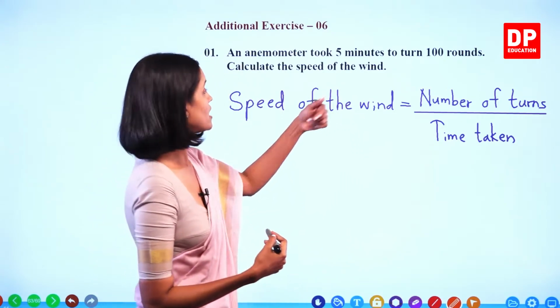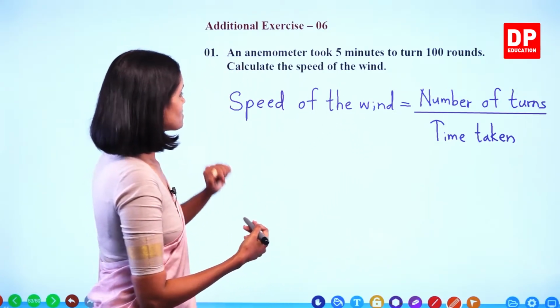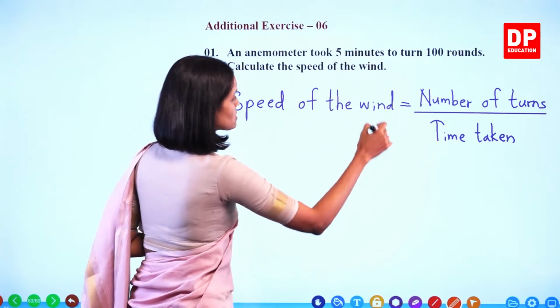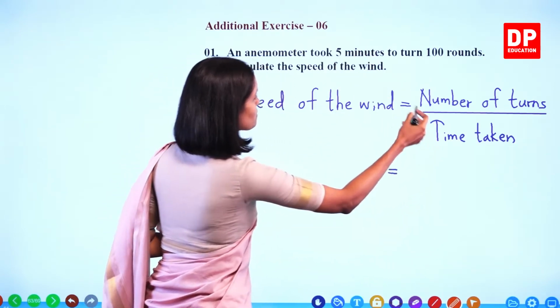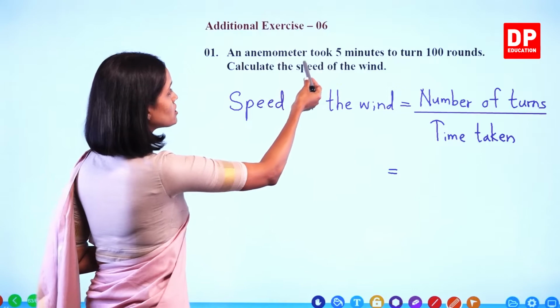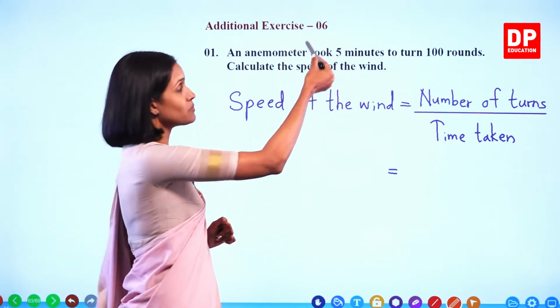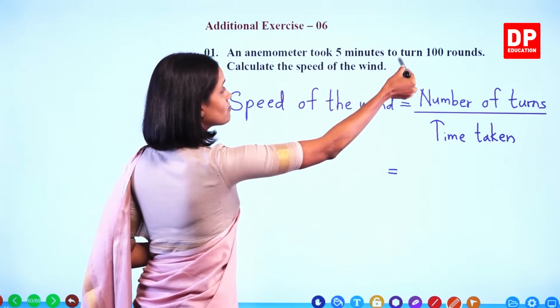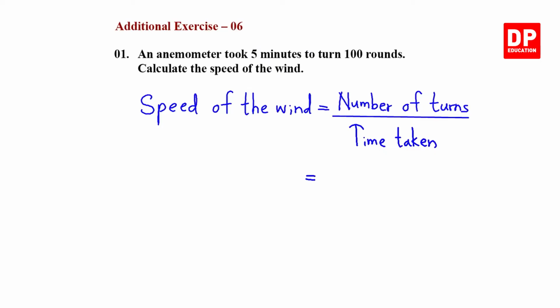Number of turns of the anemometer. So we'll substitute these values to this equation. An anemometer took 5 minutes, so the time is 5 minutes, to turn 100 rounds. Number of turns 100. Time taken 5 minutes.